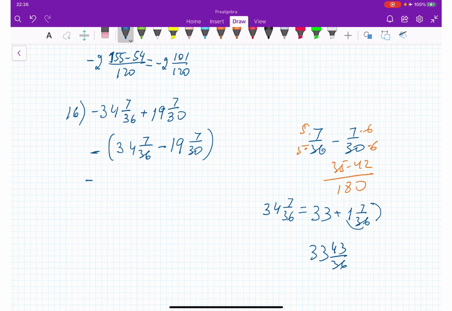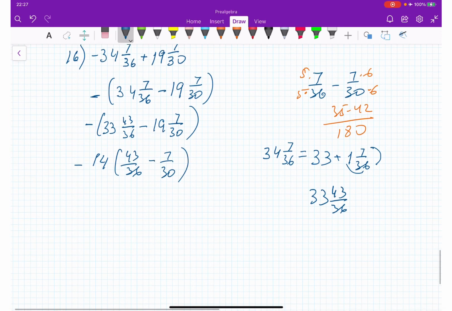So we are getting 33 and 43 over 36 minus 19 and 7 over 30, which is going to be negative. So 33 minus 19 is going to be 14, and we are going to subtract these two fractions, which is 43 over 36 minus 7 over 30. Okay, this is going to be negative 14.